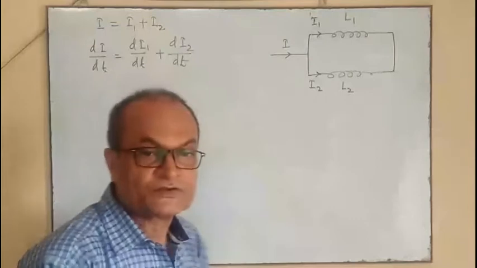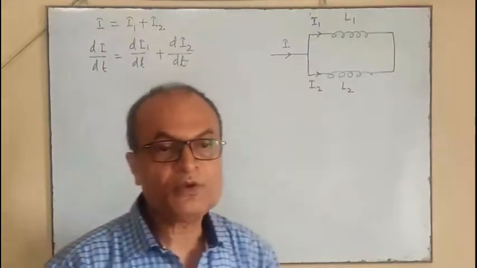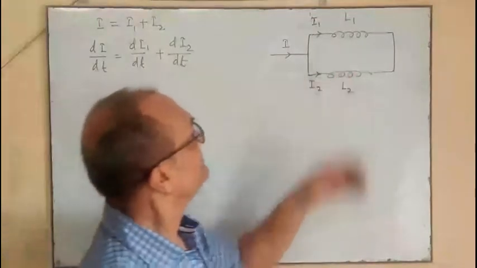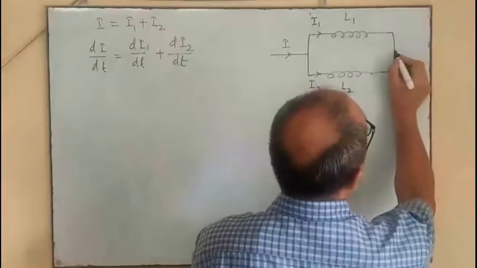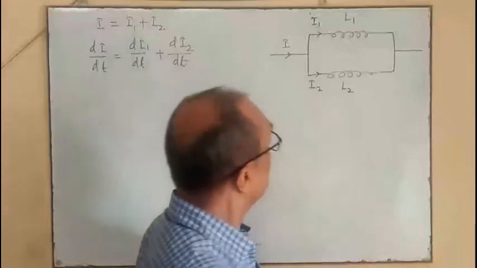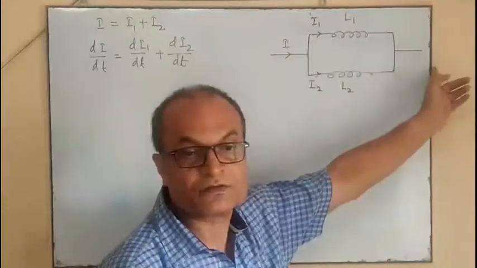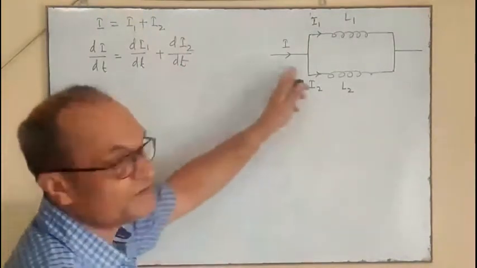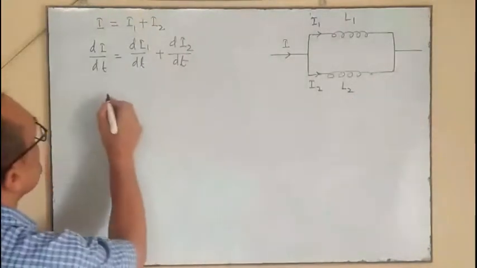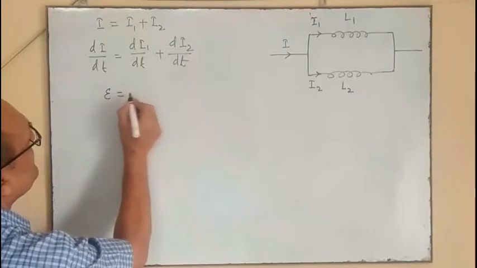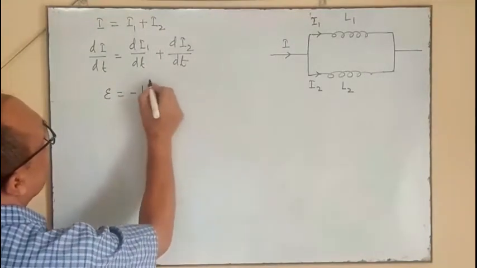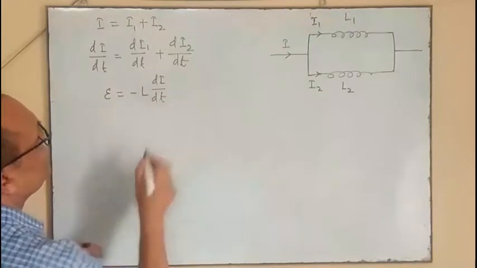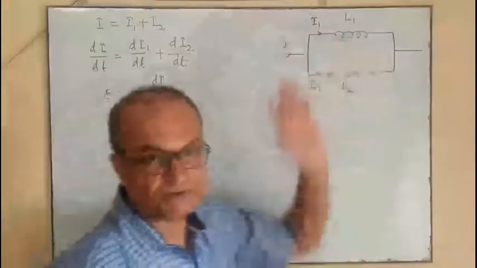But we know the EMF between this and this. So the EMF across this will be equal to minus L di by dt. This is for the whole combination.